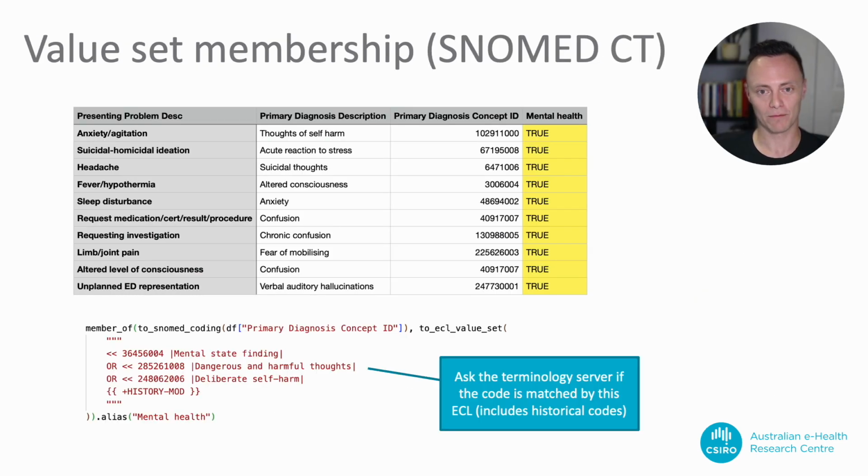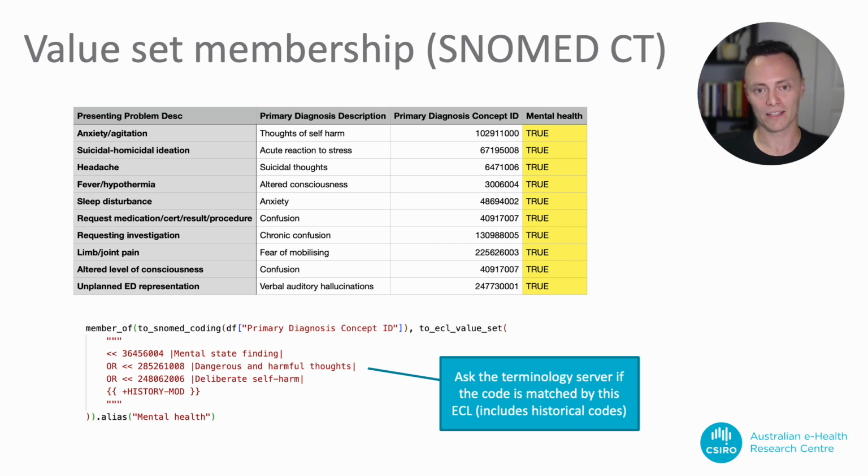This is an example of using the member of function against a SNOMED CT based value set. This dataset is not FHIR, it's a simple tabular extract that you might get from a typical emergency department system. The first argument to the function is the column that contains the SNOMED CT coding.